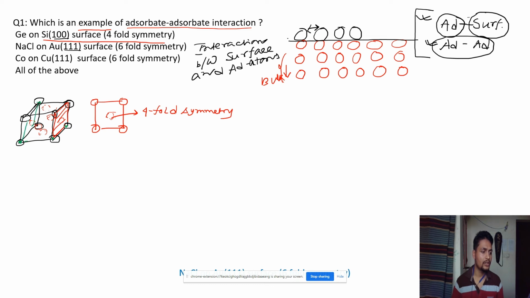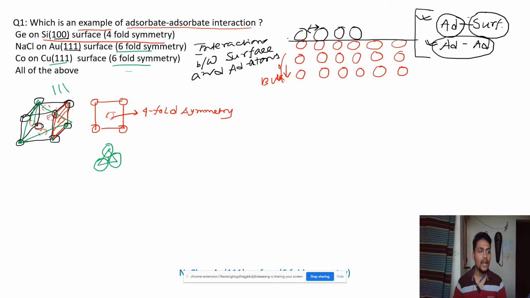If we connect these three points, this will be my surface 111. It will look somewhat like this, and it is going to have a six-fold symmetry. So obviously both A111 and C111 will have six-fold symmetry.